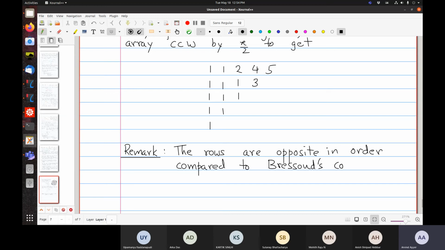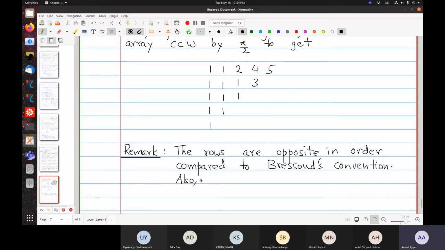Bressoud has constructed it in exactly the reverse order. So the first row for him, the topmost row, is 1, second is 1, 1, third is 1, 1, 1, and so on. Okay, so this is just a warning if you're reading the paper.